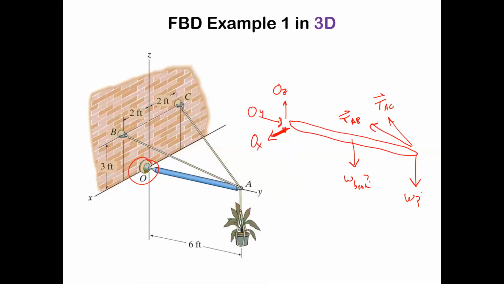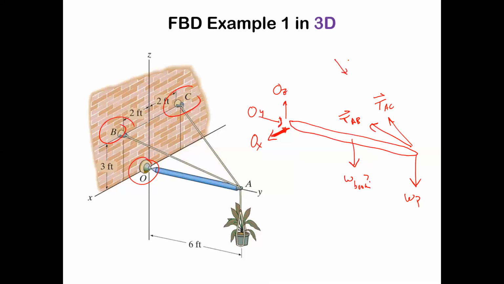Alex? Can you talk about the forces on B and C? The forces on B and C, do we need to worry about those because they look like fixed supports? Yeah, it's interesting here, but the forces on B and C are really just the opposite of the TAB and TAC, right?